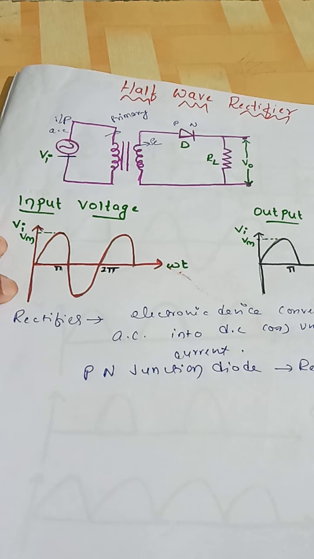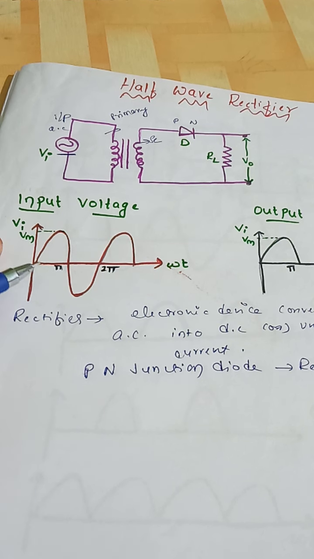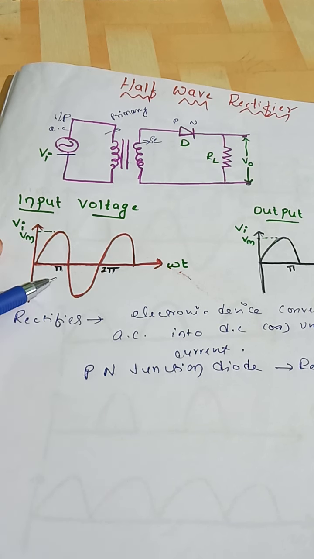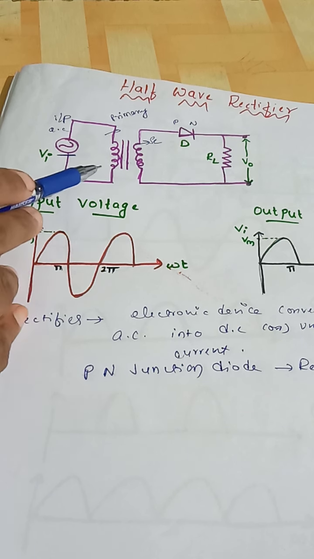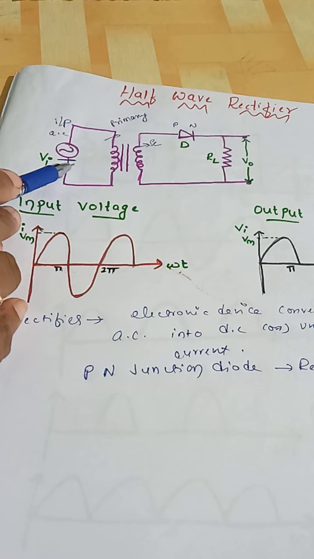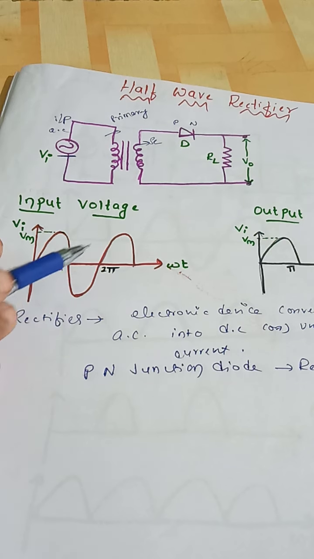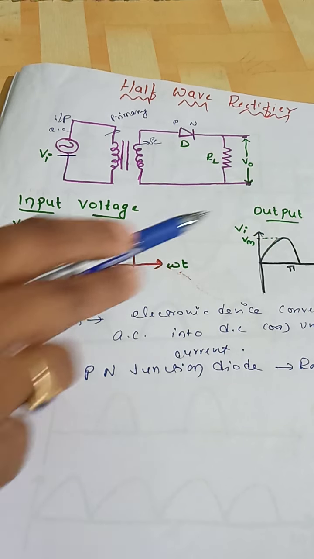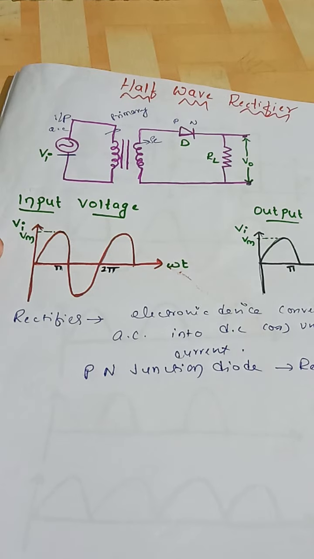Now here let us go for the working of half wave rectifier, and why we are calling it half wave rectifier. Now this is the input alternating voltage which we have given to this transformer. Now our intention is to convert this AC into DC.